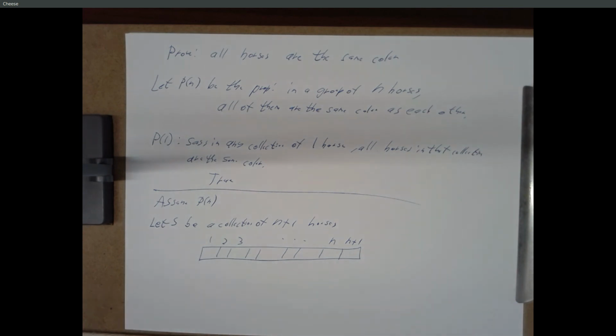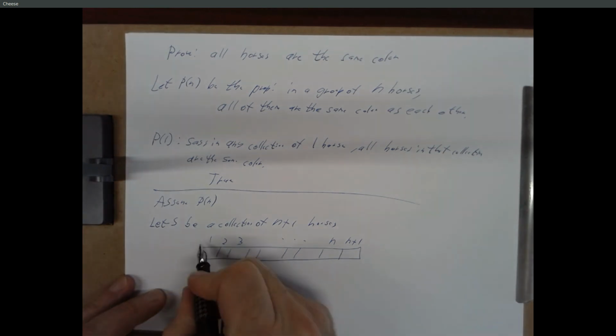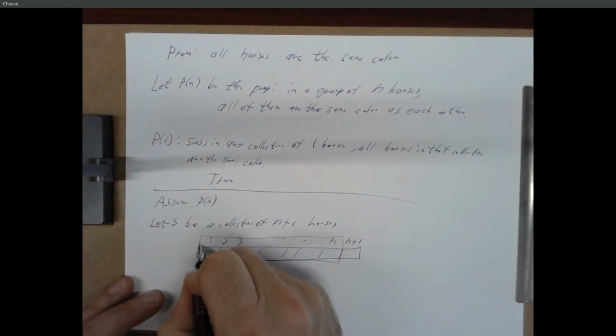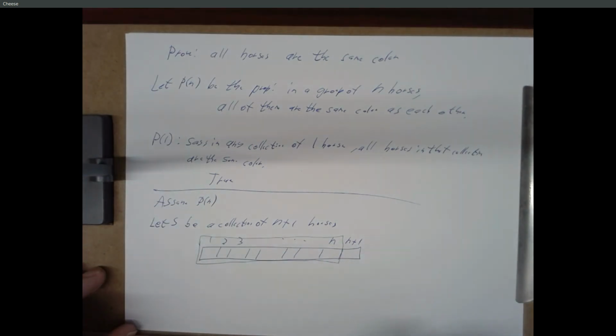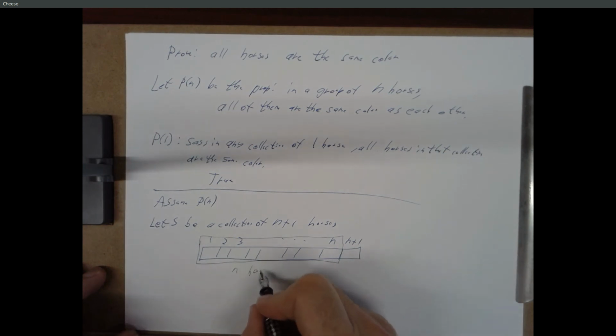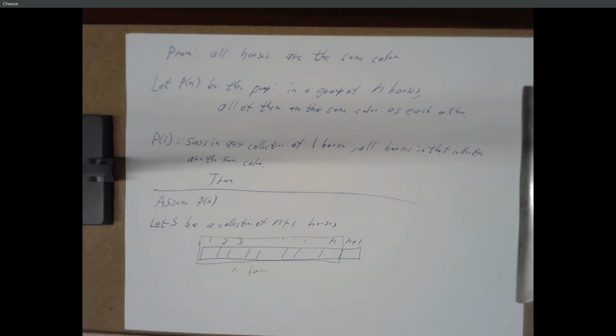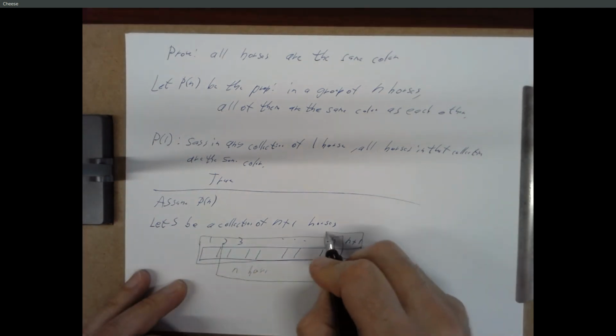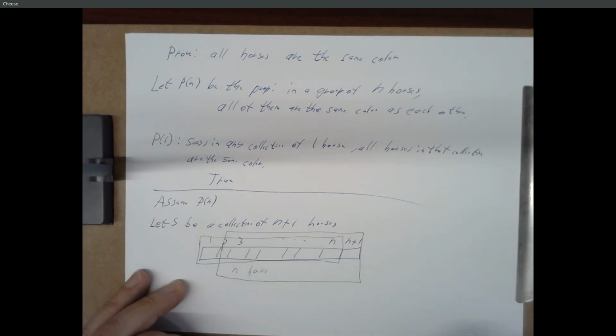Okay. So there's our horses, and they're standing still for the sake of this experiment. Well, how many horses are there in this collection? This is n horses. And because we're assuming P of n, all of these horses are the same color. How many horses in this collection? All right, this is also n horses.